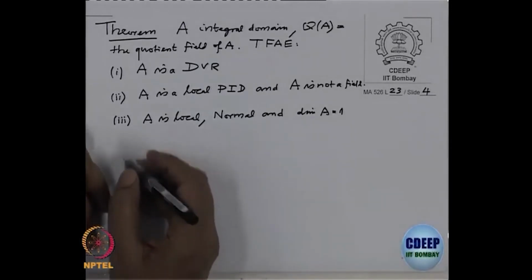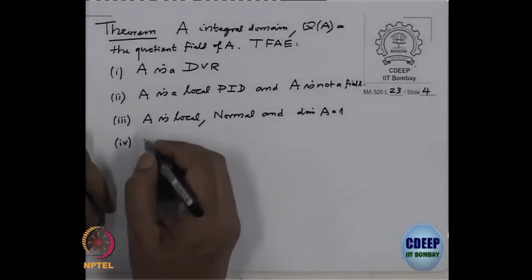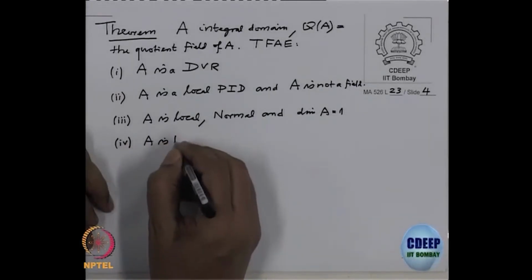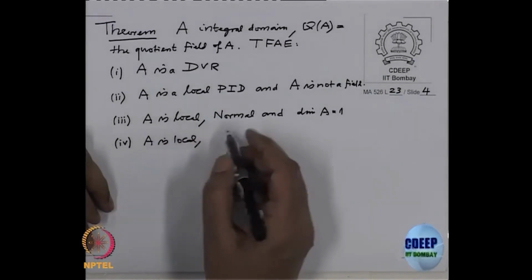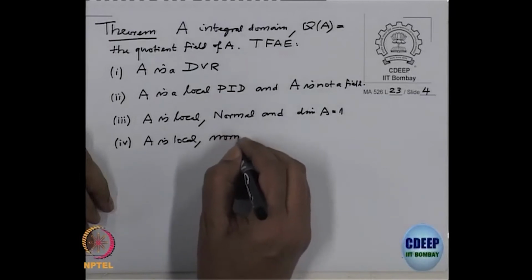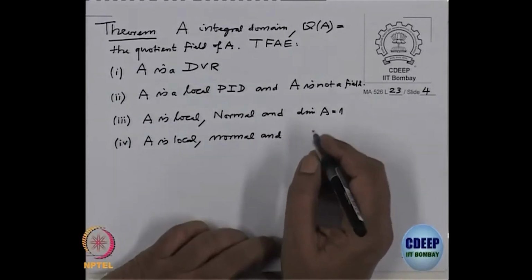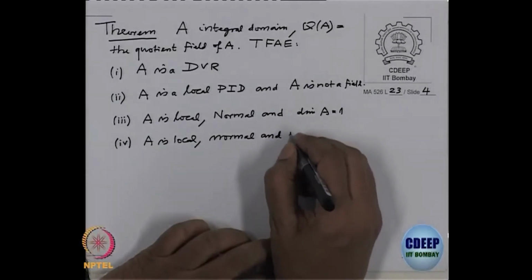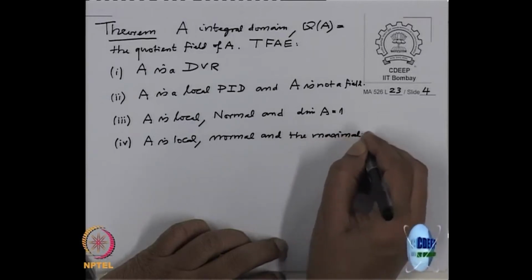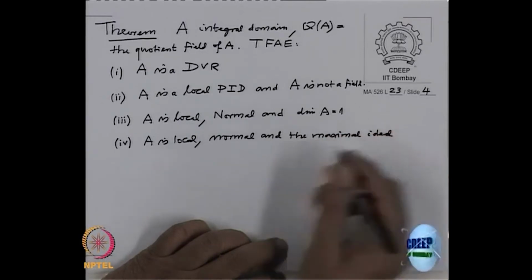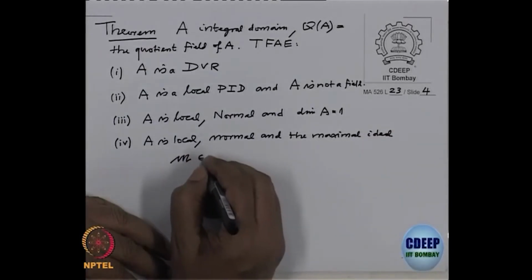Okay, fourth one, A is local, normal, and the maximal ideal M is associated to some non-zero element.